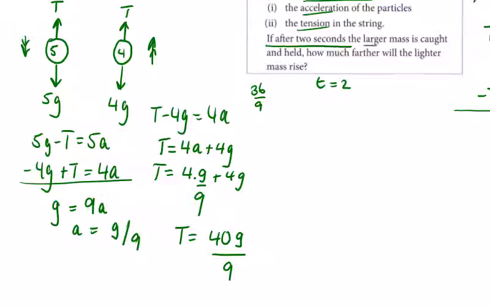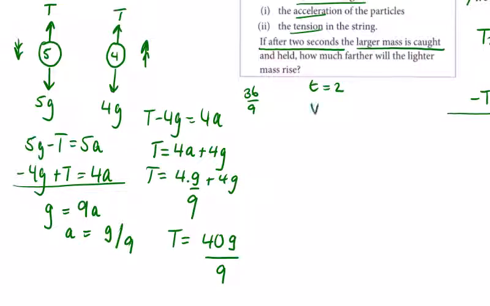Second part here: after 2 seconds, so when t is 2, the larger mass is caught, so what we need is its velocity, starting from rest after 2 seconds, with acceleration g over 9. So v is equal to u plus at.